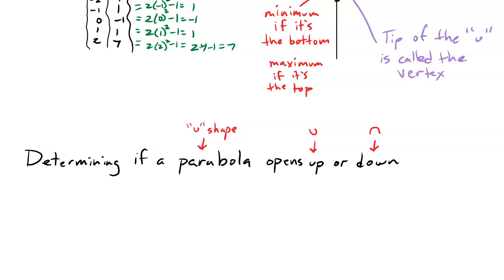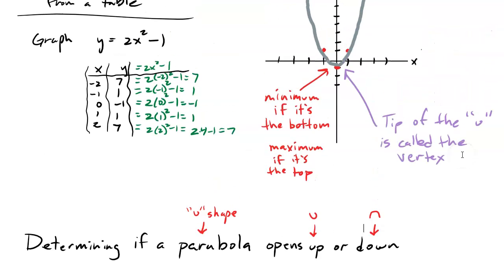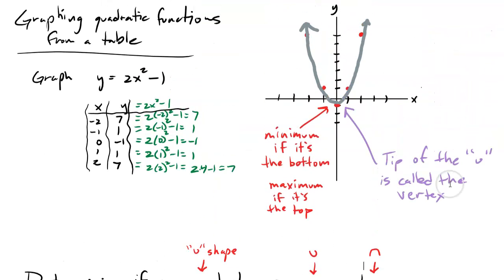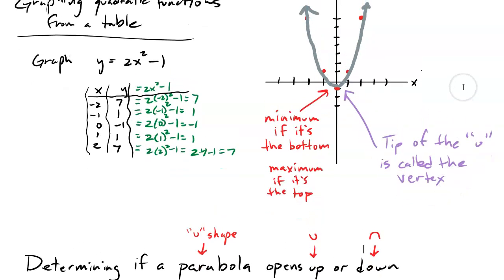You mean above it or to the left of it? Oh, like the minimum and maximum? Oh, okay. Basically, the very tip of a U. So, in this case, the bottom. It's just called the vertex.